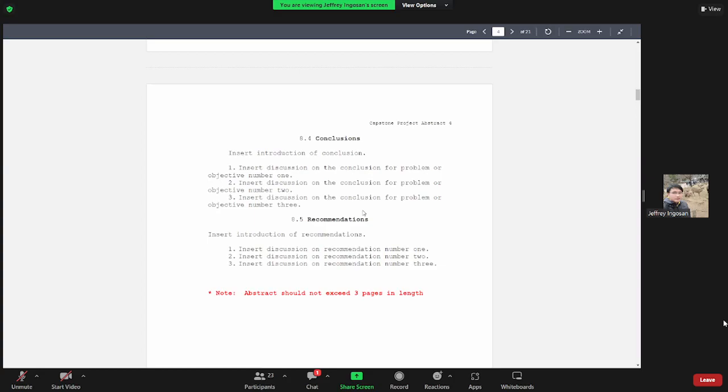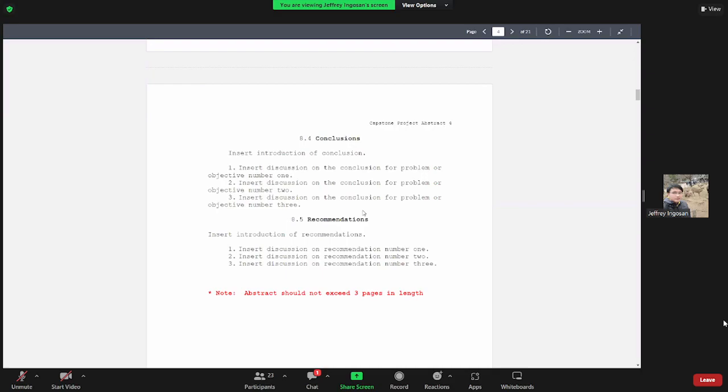So even the format is important. If you cannot follow the format, even if the content is already accepted by the panel members and the advisor, you will not be allowed to finalize your manuscript. And if your manuscript is not finalized and not bound, your grade would not be released.